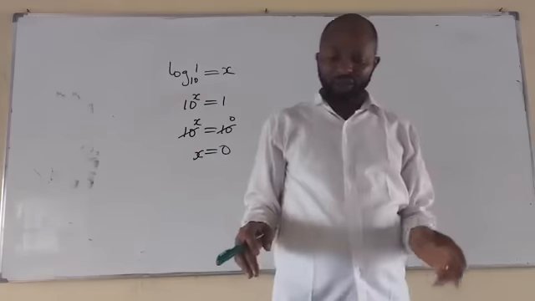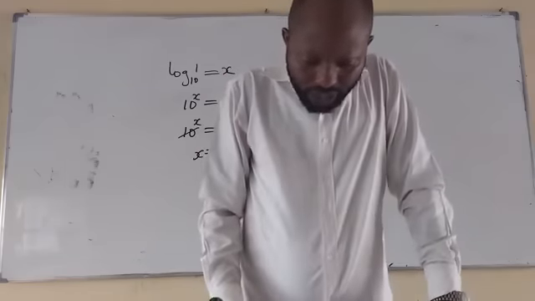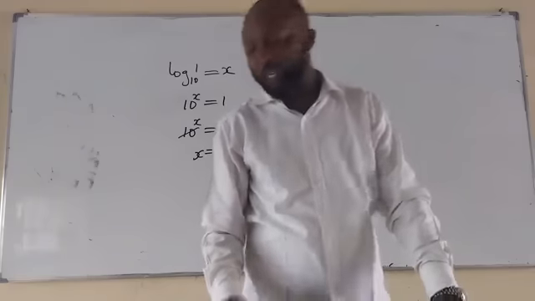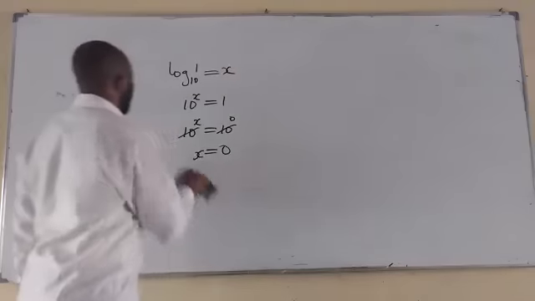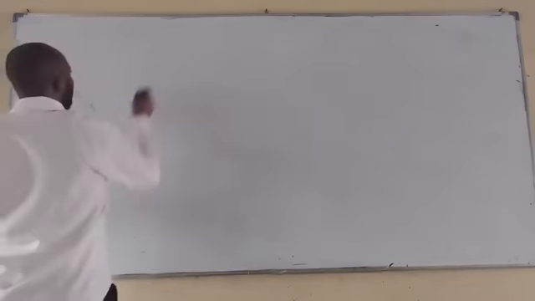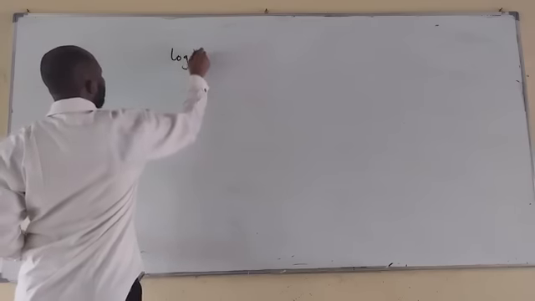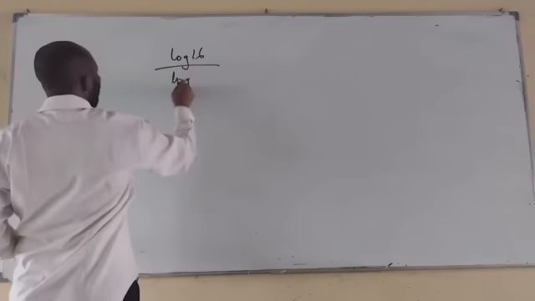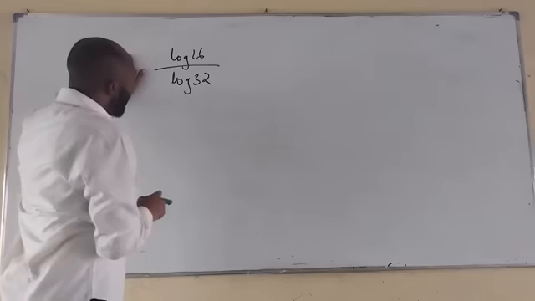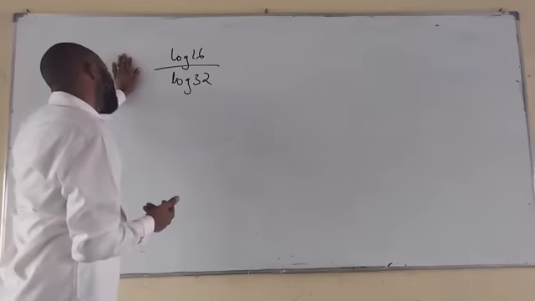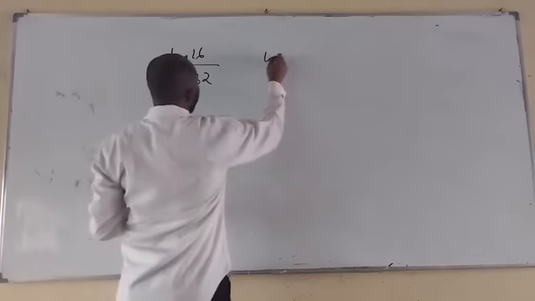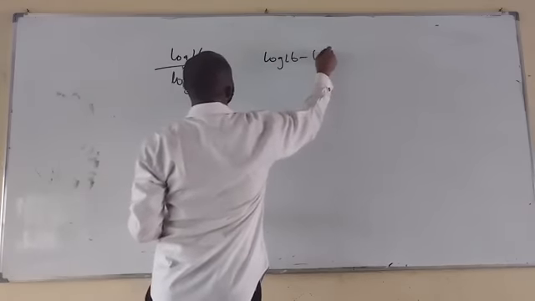Let's take questions and see what we get. Exercise: log 16 over log 32. We have log 16 divided by log 32. From here, we have our principle of logarithm which states that we can have log 16 minus log 32.